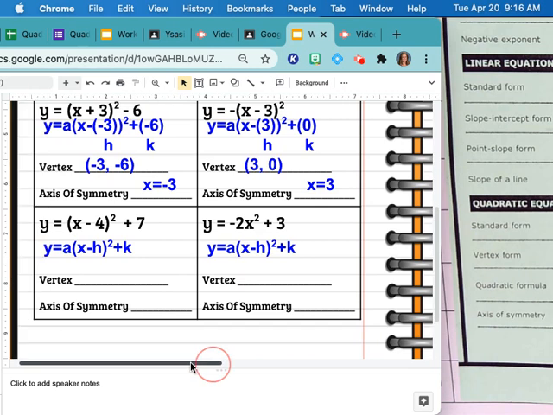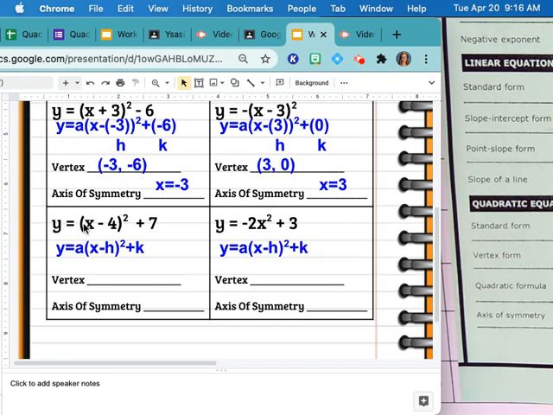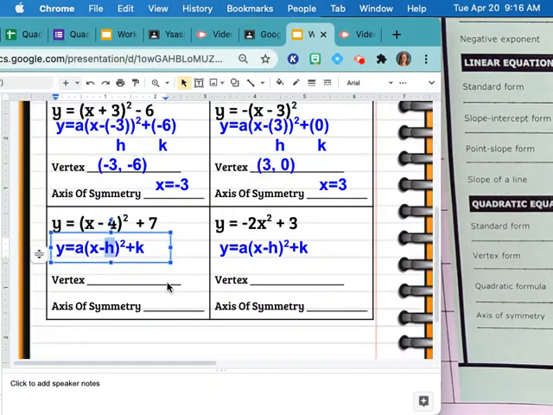Okay, let's do the next one. Y equals x minus 4 squared plus 7. What is the h value? Yep. What is the k value?